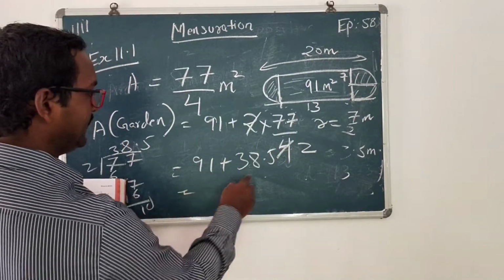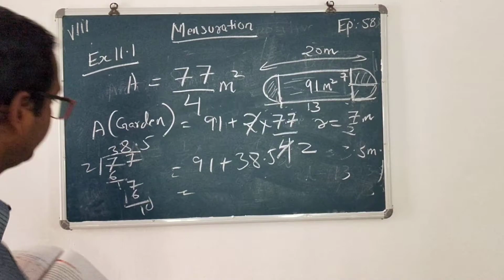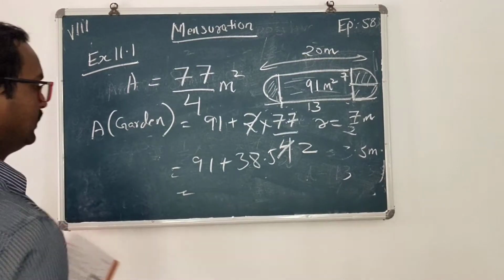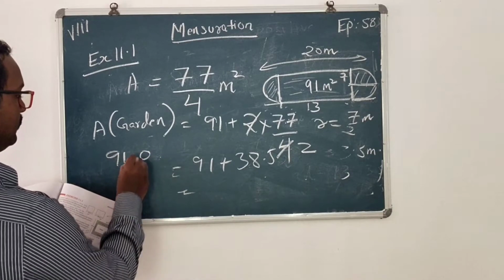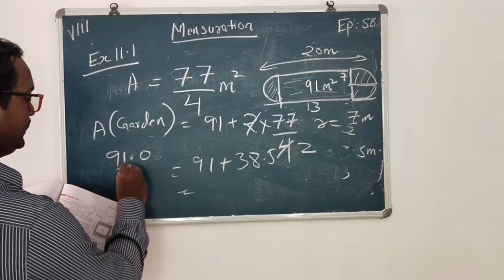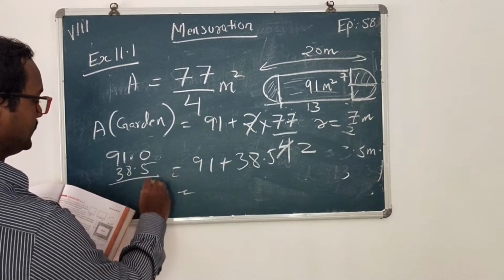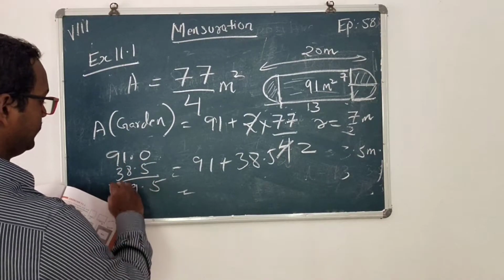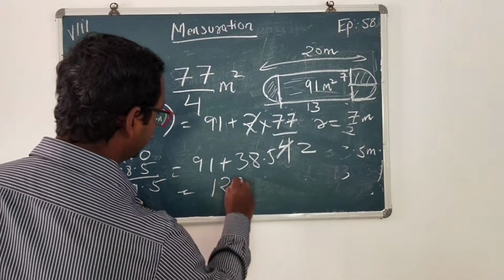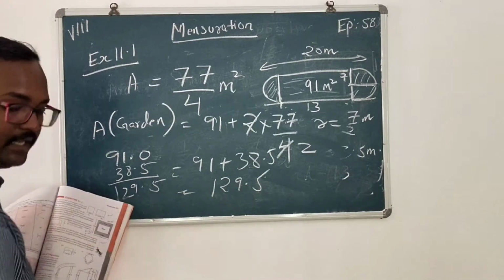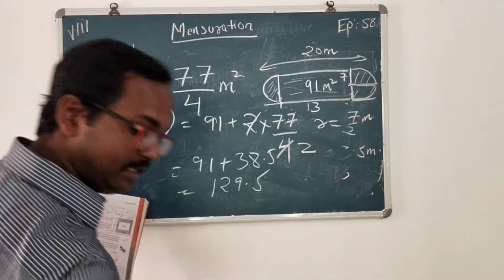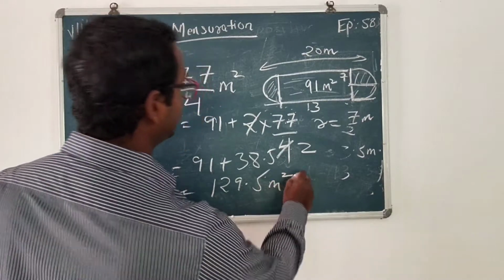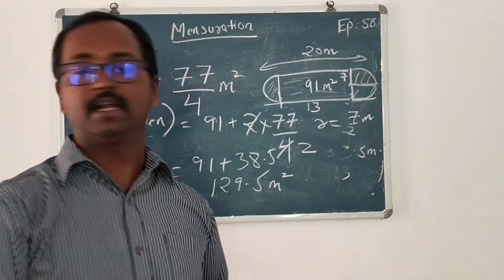So if we add 91 plus 38.5, the final answer is 129.5. So the area of the garden is 129.5 meter square. This is the area of the garden.